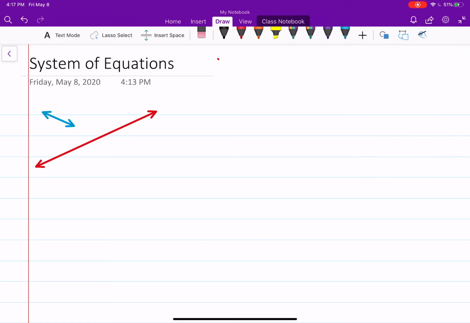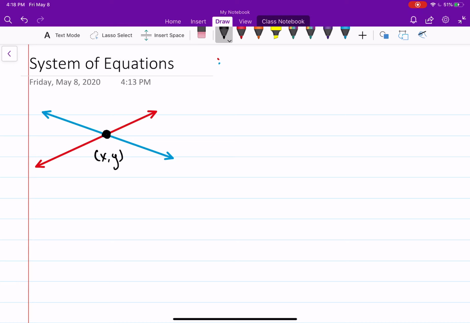The two lines would just intersect at some point. So it will intersect at one point, and that would be the solution x comma y, okay? So notice that this doesn't have multiple solutions like a system of linear inequalities. This only has one solution. It's going to meet at one point.